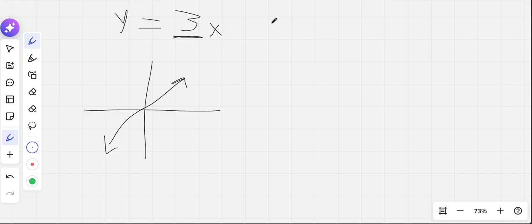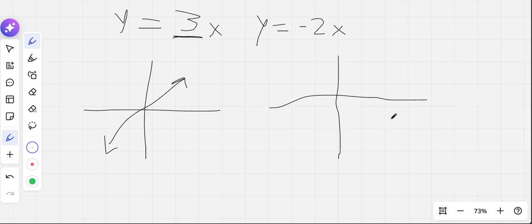And then let's say you have a function that has a negative coefficient or a negative slope. So let's just say it's -2x, right? So let me just draw a graph of that real quick. So whenever you have a negative slope, it will go the other direction. So it'll be the opposite of having a positive slope. So it looks something like this, right?